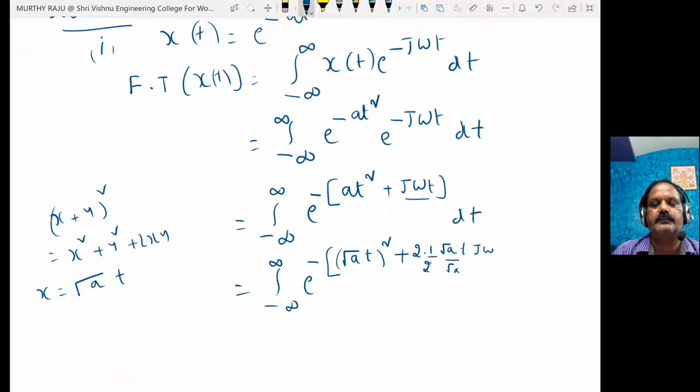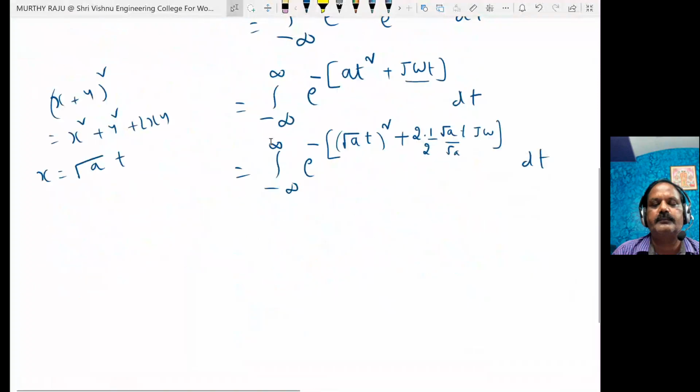2xy. In the next equation, we will write integral from minus infinity to plus infinity e power minus root a t whole square. Here 2xy, here 2x is root a t.